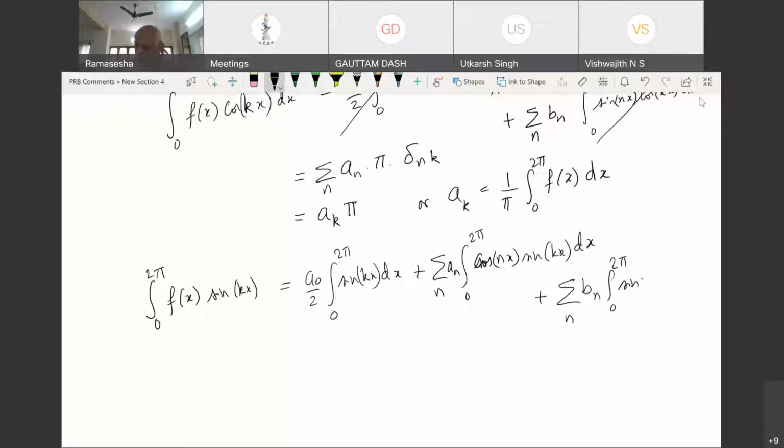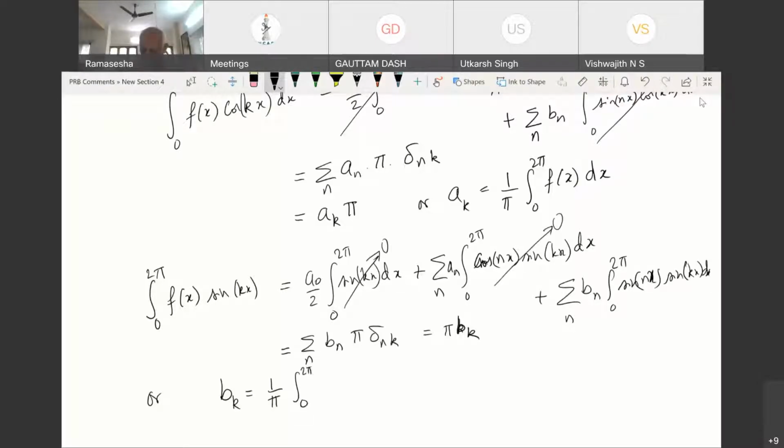Sine and cosine are orthogonal, and the last term is going to give me sigma over n bn pi, so bk pi is integral 0 to 2 pi f of x sine kx dx.